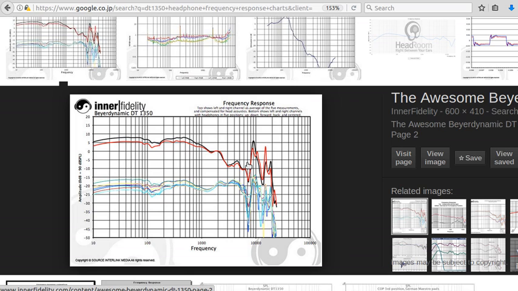But the HD25 still is a very good headphone. It's far away from the golden curve. So the curve, the chart, isn't the only thing. It cannot totally equal the headphone's performance.